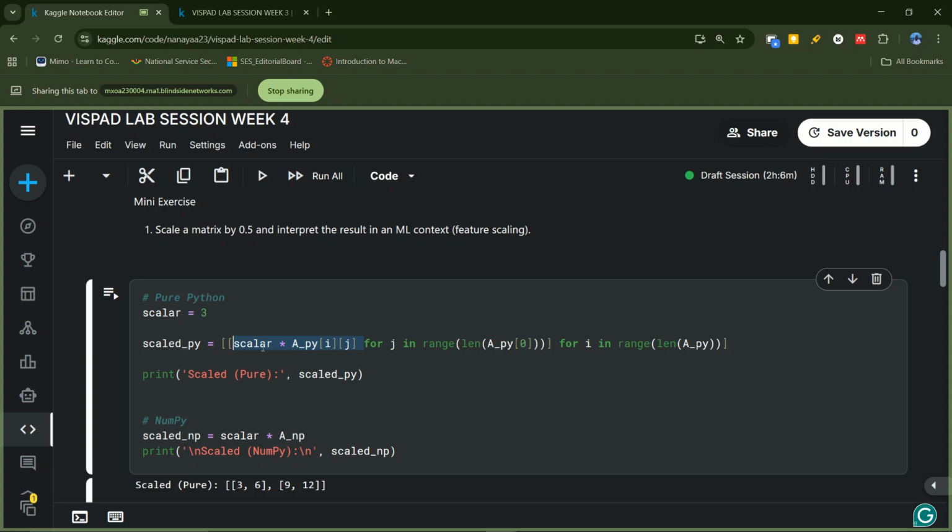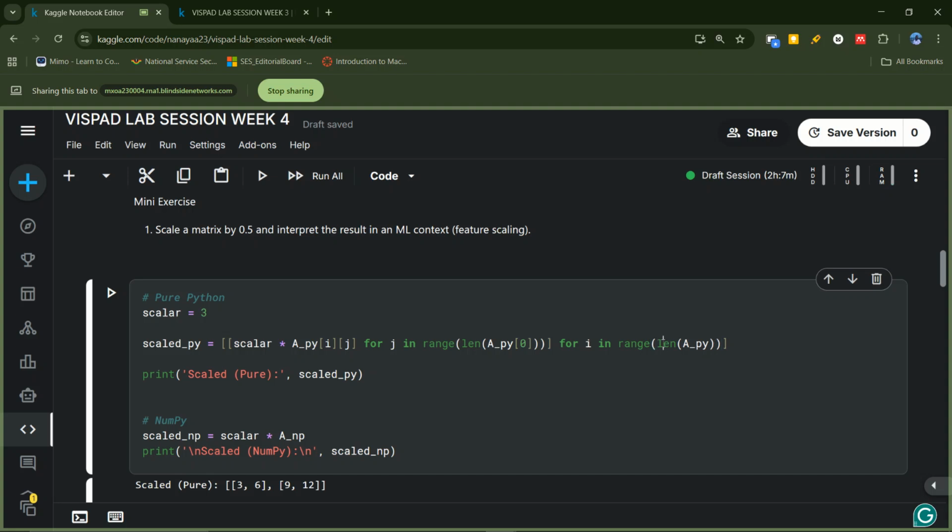The scalar gets multiplied to the element at position i and position j, where i refers to the row position and j refers to the column position, or index. That's the same ideology I explained above.